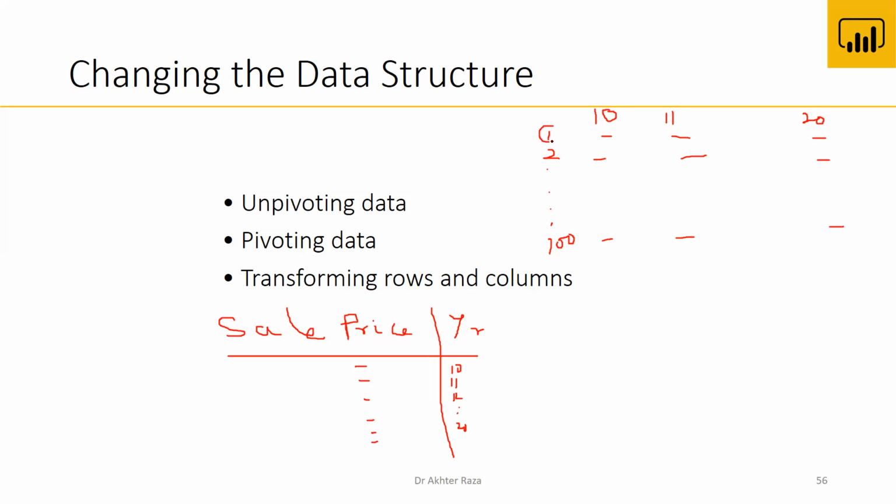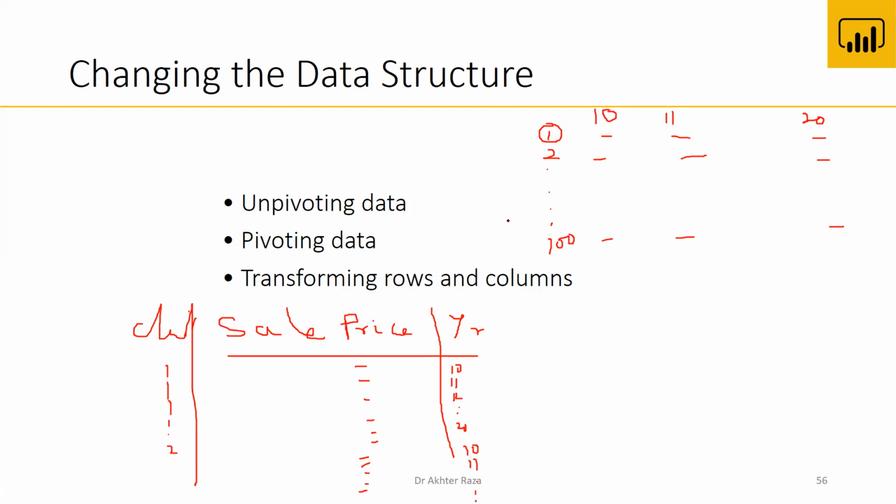This is client number one, so all of these entries relate to client number one, and all over there we should have one. Then the second client starts. We have all of the sale prices from client number two for these years.